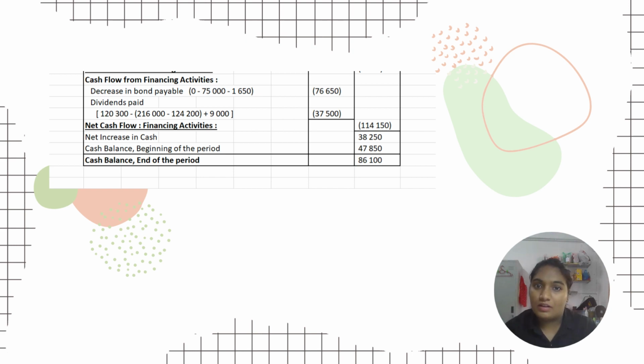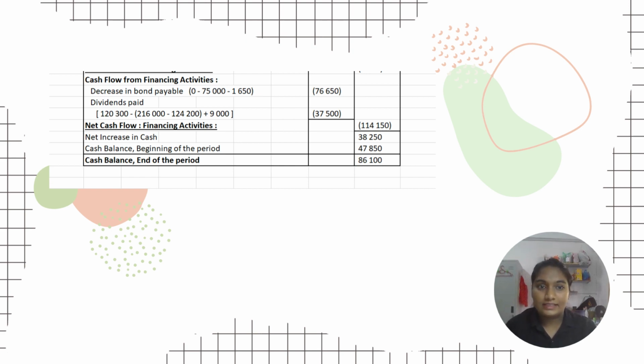So when we plus both, the total net cash flow for the financing activities will be 114,150. And when we see net increase in cash, we will total up all the net cash flow for the operating activities, investing activities, and also financing activities.